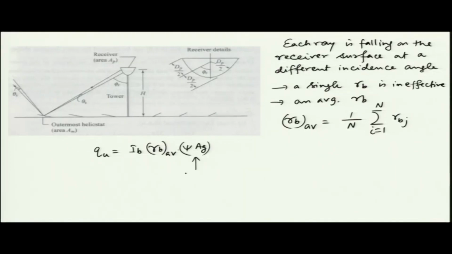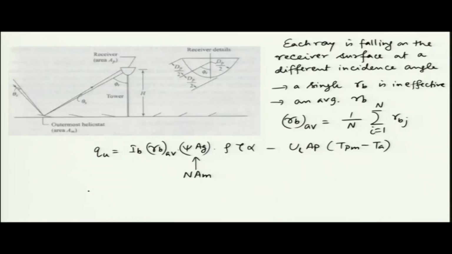So, this is equal to NAM, the total mirror area, multiplied by rho, the reflectivity of the mirror surface, tau, the transmissivity of the cover surface, and alpha, the absorptivity of the receiver surface, minus the loss term UL AP multiplied by (TPM minus TA), where TPM is the mean plate temperature and TA is the ambient temperature. So, that is how this heat balance is done.